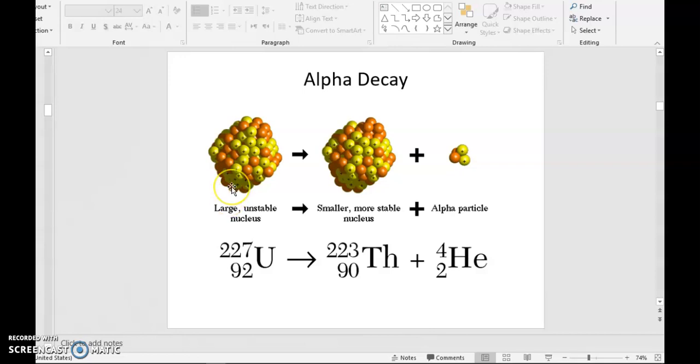So this means that uranium-227, this is the mass number and this is the atomic number, will emit alpha, and this is alpha, 2 protons and 2 neutrons, and then it will produce this element.